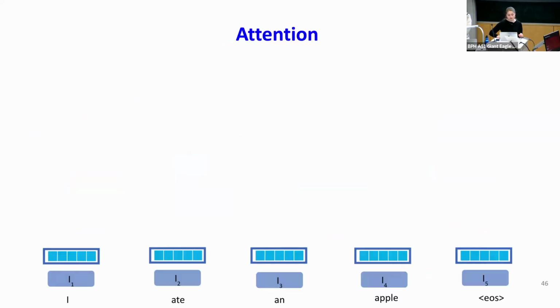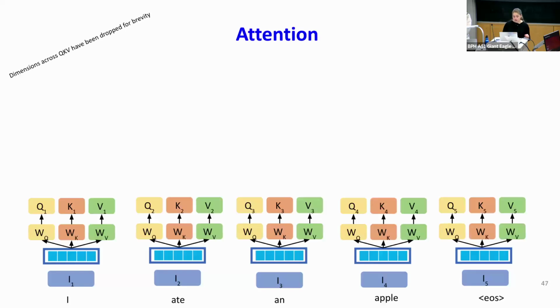If we go briefly through the slides that were presented previously, imagine we have four different words plus an end of sequence character. For each of these words, we initialize separate query, key, and value matrices. Then in step one, as you remember, we multiply keys by queries.